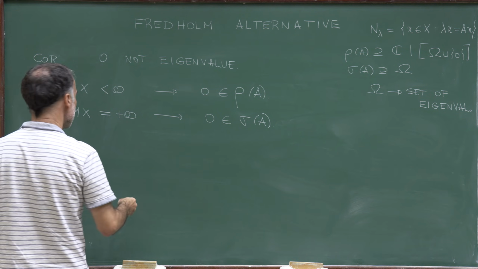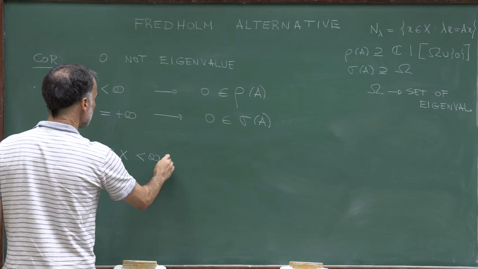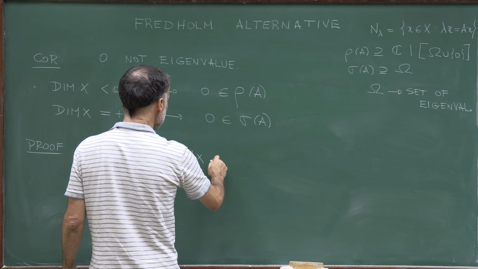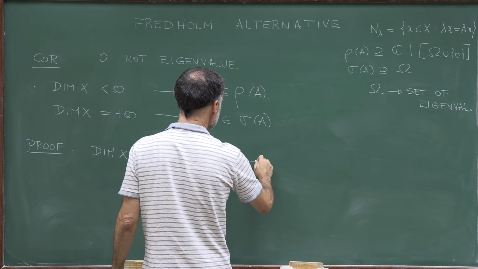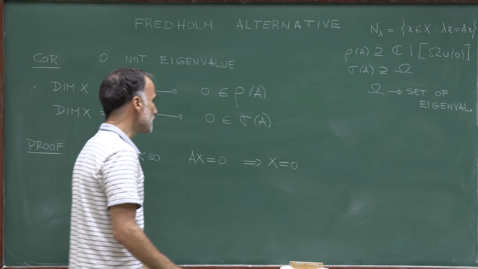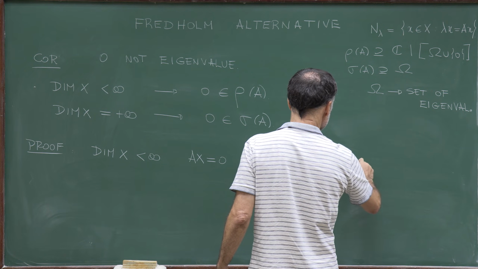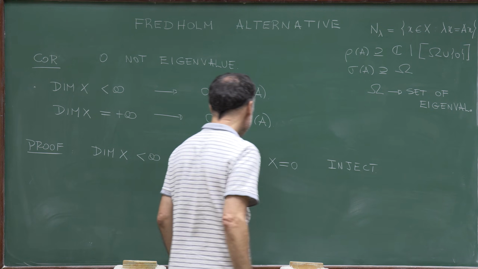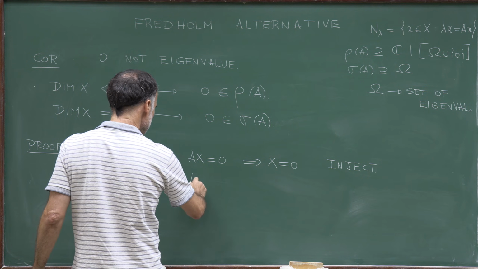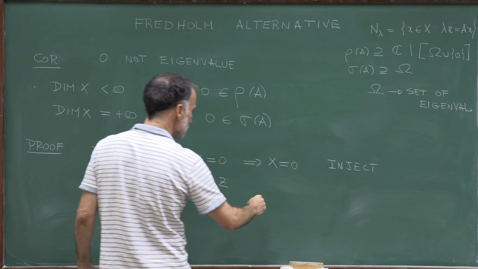Well, let's assume now that the dimension of X is finite. So 0 is not an eigenvalue means that Ax equal to 0 implies that x equal to 0. So that means that this operator is injective. And now we know also that it has an inverse, that Ax = z always has a solution.